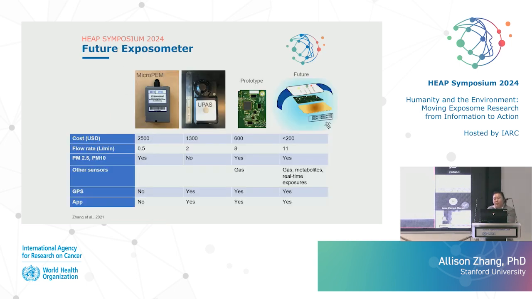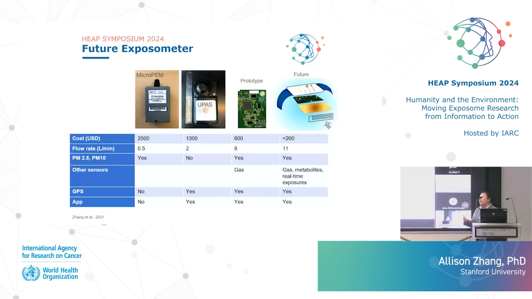So for the exposometer itself, this shows the exposometer we've been prototyping, and our hope for the future. Right now the exposometers are powerful, but have some drawbacks. They are super costly. This price only shows the exposometer price itself, not including the price for analysis.